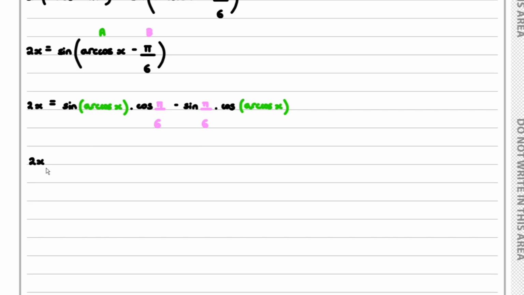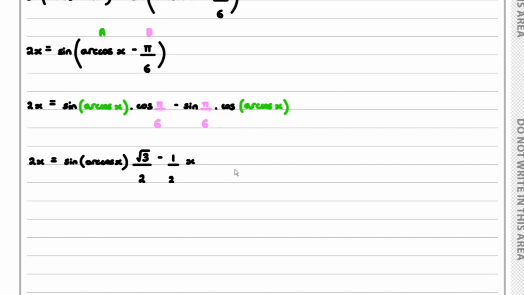So I've got 2x equals, now here I've got the sine of the arc cos of x multiplied by cos of pi over 6, which is root 3 over 2, subtract sine of pi over 6, which is 1/2, multiplied by the cos of the arc cos of x, which is just x.